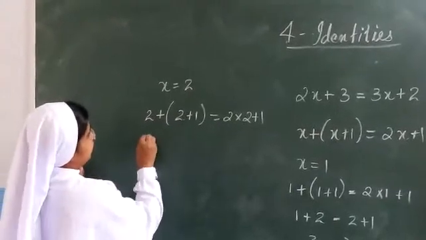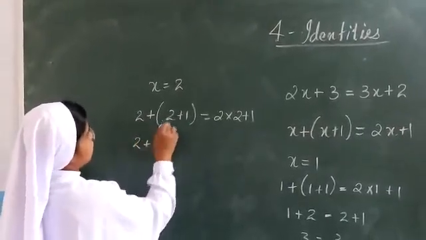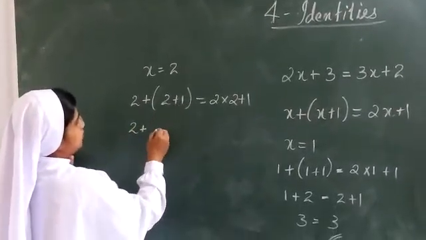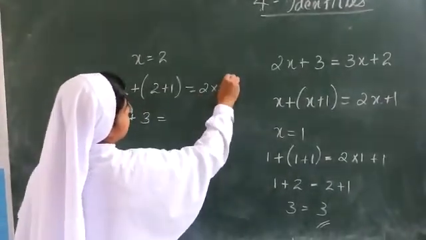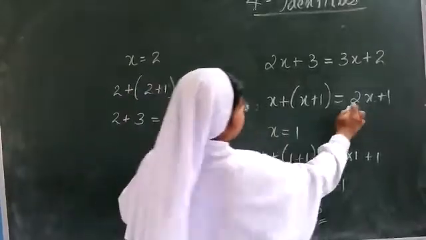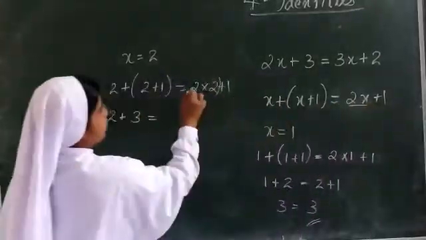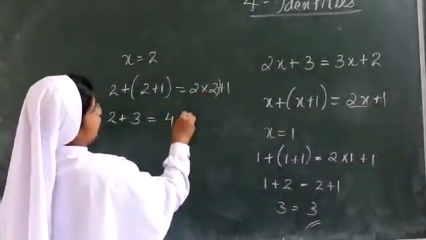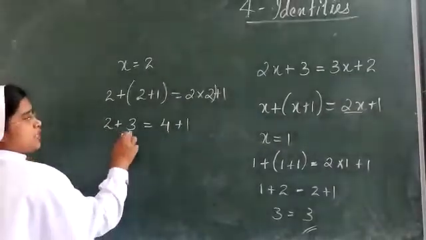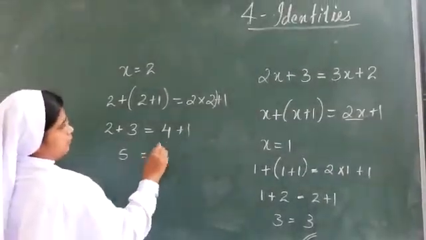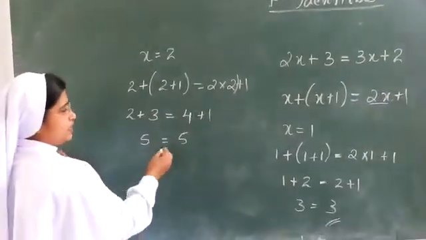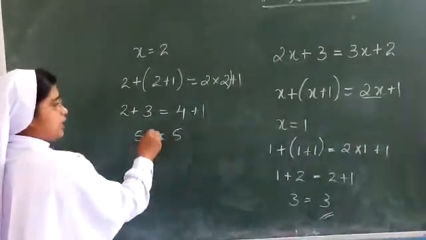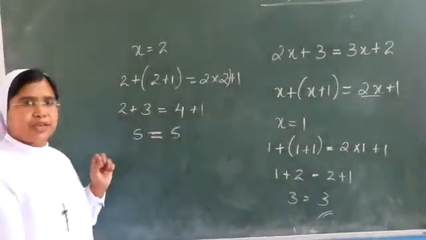So what will I get? 2 plus 1 is equal to 3, is equal to 2 into 2. These are together here because of 2x. So this is together. 2 into 2, 4. 4 plus 1 is equal to 5. So we get 5 is equal to 5. Same. Yes or no? These are equal. The equation is satisfied.